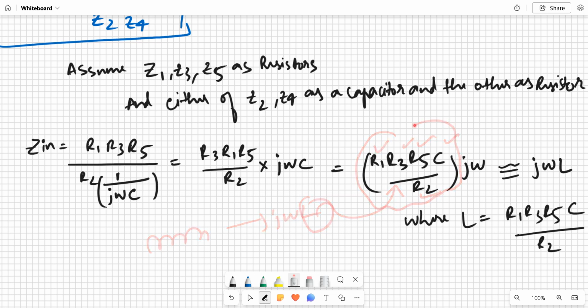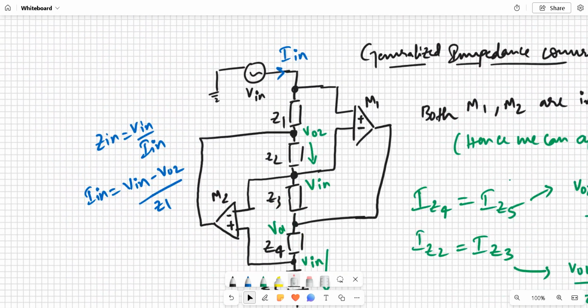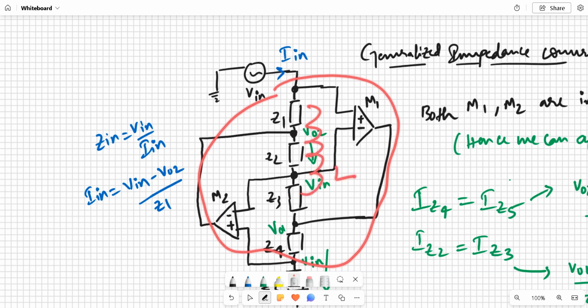Mind you, we have not actually used an inductor, but the voltage source Vin sees the circuit as if this whole part is replaced with an inductor of value L.